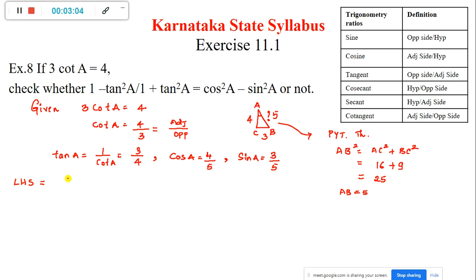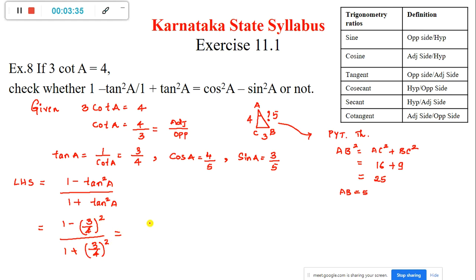LHS is equal to (1 minus tan square A) divided by (1 plus tan square A). Now substitute the value of tan and square it. So 1 minus (3 by 4) whole square, divided by 1 plus (3 by 4) whole square.